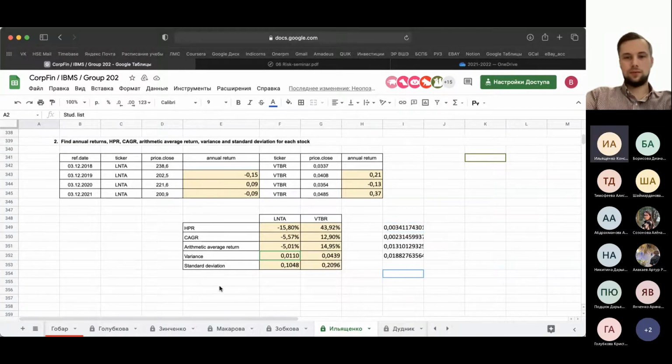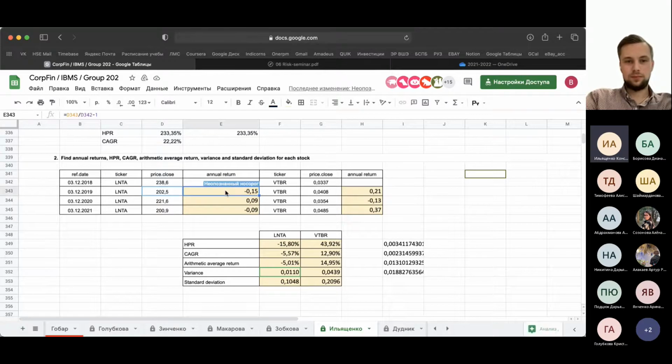Firstly, we calculate annual return by dividing today's price by the price a year before and then subtracting 1. It's working for both stocks.